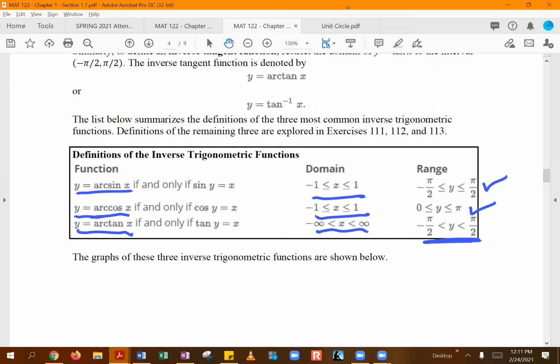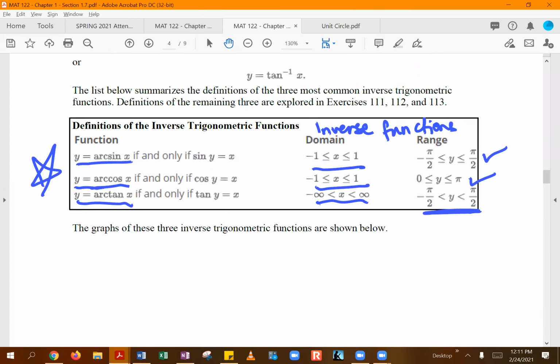So this is probably a table I would keep handy when you're working through your calculations, so that for your inverse functions, you know what your domain and range for each one is going to be. Anything that falls outside of this domain and range, you will not be able to use those x and y values. So it's important to keep track of these.